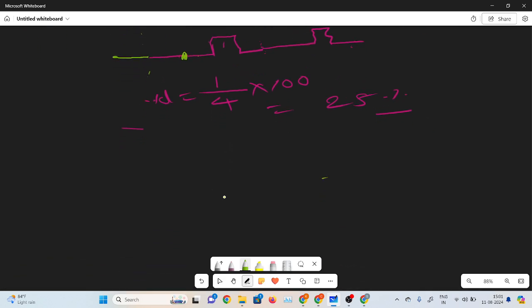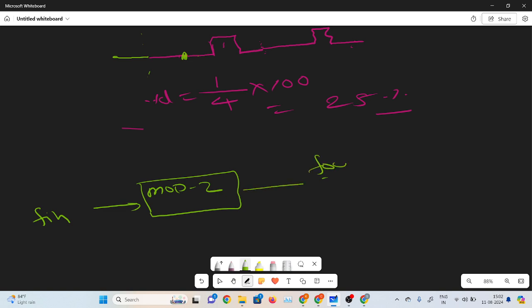Okay, so here this is the mode 2 counter. This is the input frequency, that is the input frequency F in, and this is the effort I made to design the f in by 2 circuit. Okay, and again I connected the AND gate.